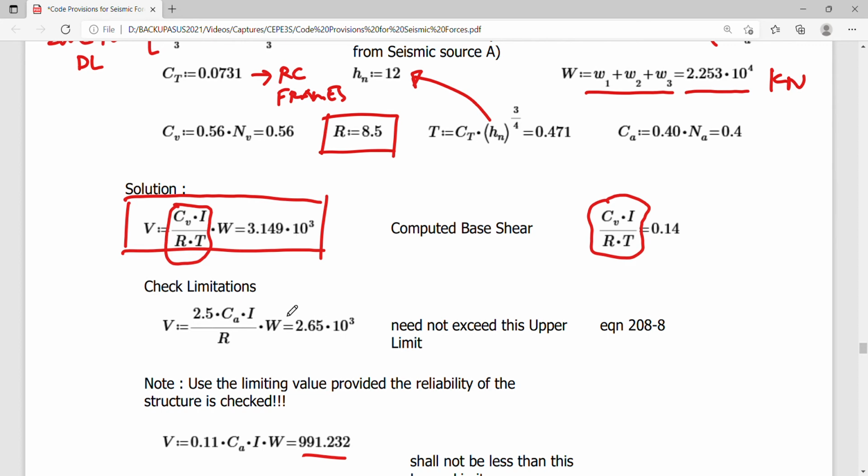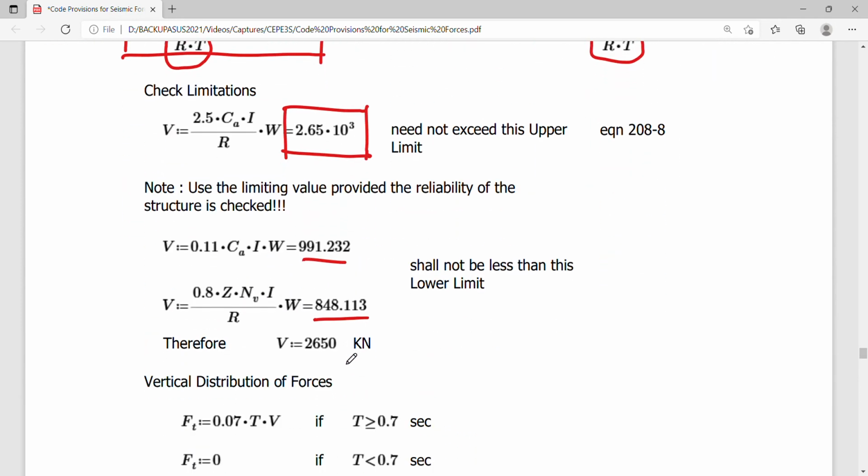Hence, we need to use only this base shear formula, which is again the upper limit based on the NSCP code. So this is the base shear that the building configuration can handle.